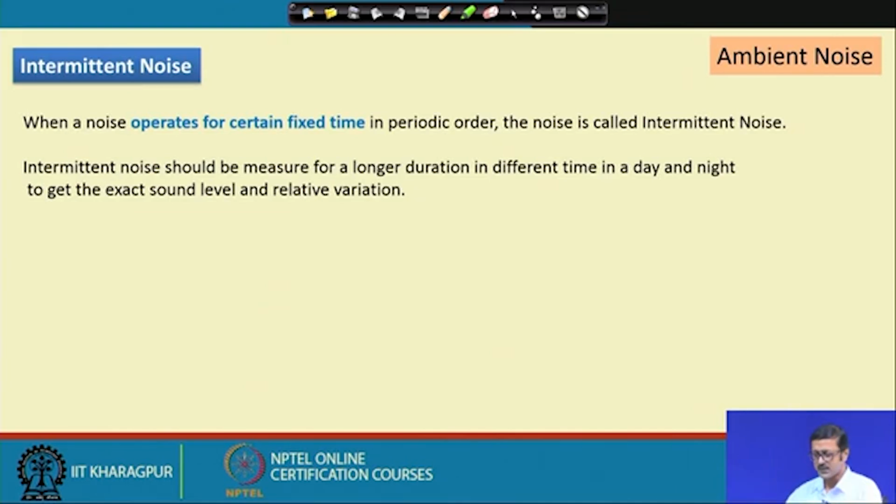To measure this sound, you require a little bit longer duration, 2-3 hours, which of course depends upon the source. You take that longer duration for the measurement and then analyze it.